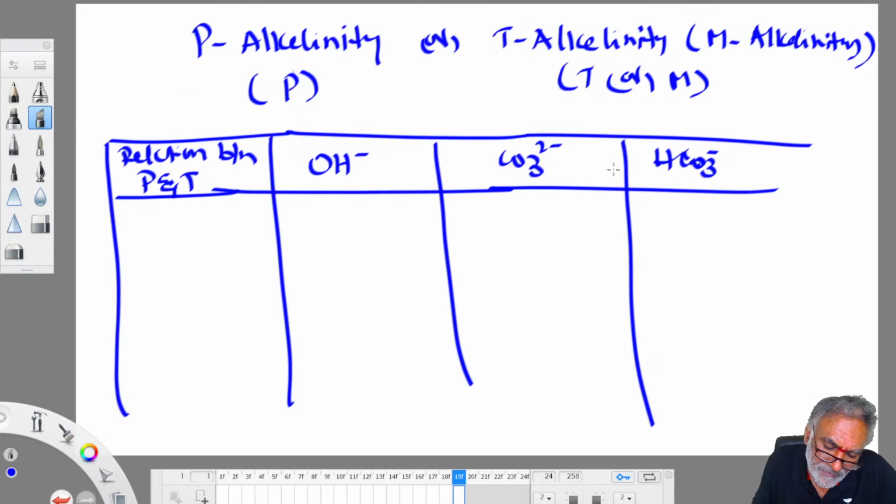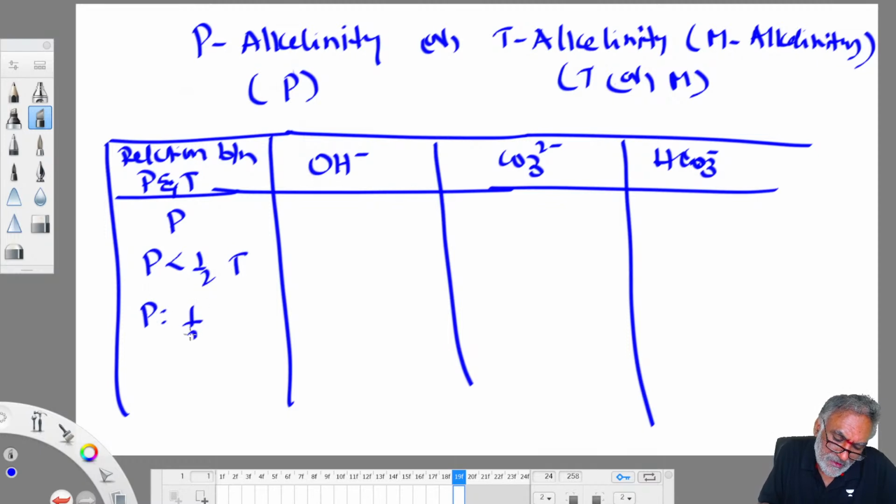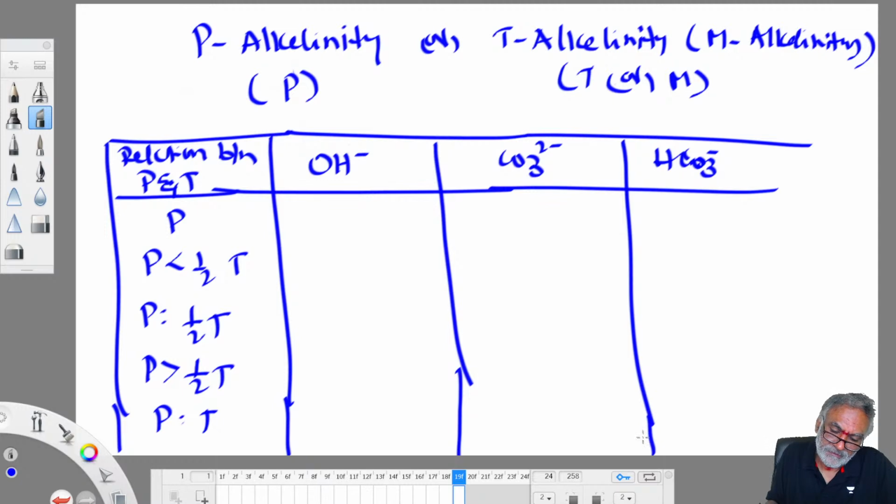Valency. Okay? So P is less than half T, P is equal to half T, P greater than half T, and P is equal to T. So this table, if you remember, then you can work out.